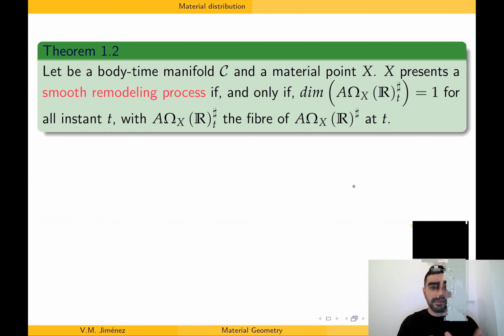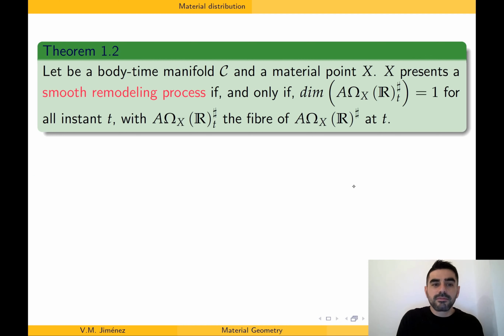That's what is important. Then by using the distribution we can prove this theorem in which we claim that smooth remodeling processes are characterized by this condition: the dimension of this leaf has to be equal to 1 for each t.